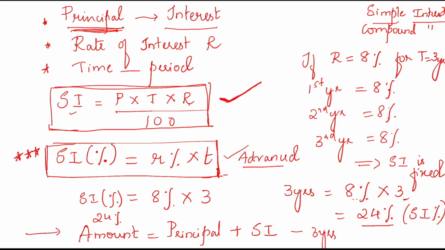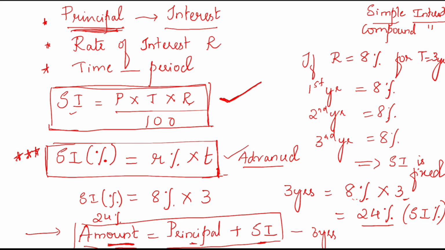Will I get only the principal amount that I have kept? No, I will get interest also on that, isn't it? So the last amount that we take is the principal amount plus the simple interest. Okay, so amount is nothing but the principal plus simple interest.